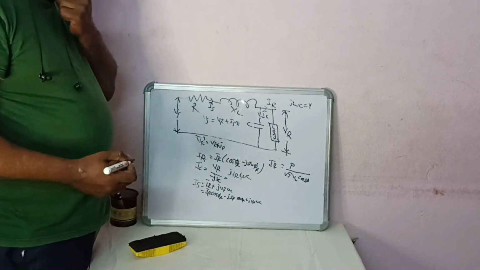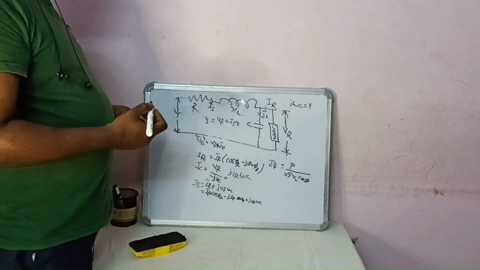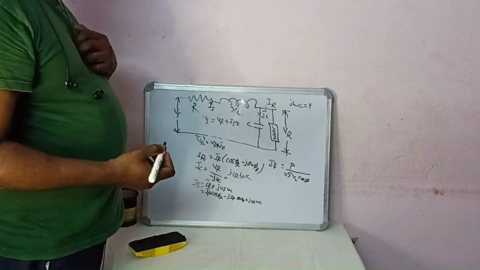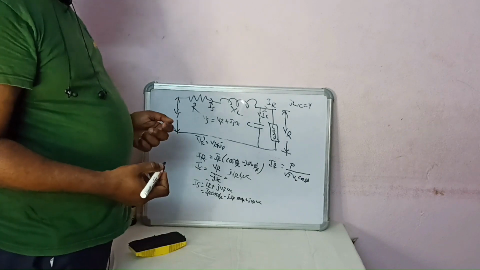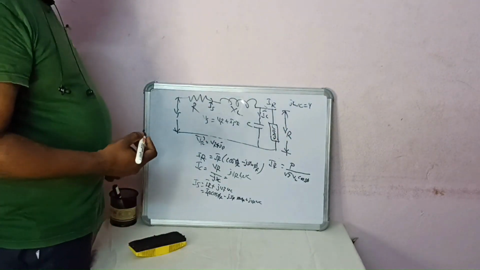Truly speaking, it must be susceptance, but admittance is equal to conductance plus or minus susceptance. So j into omega C will be your Y.